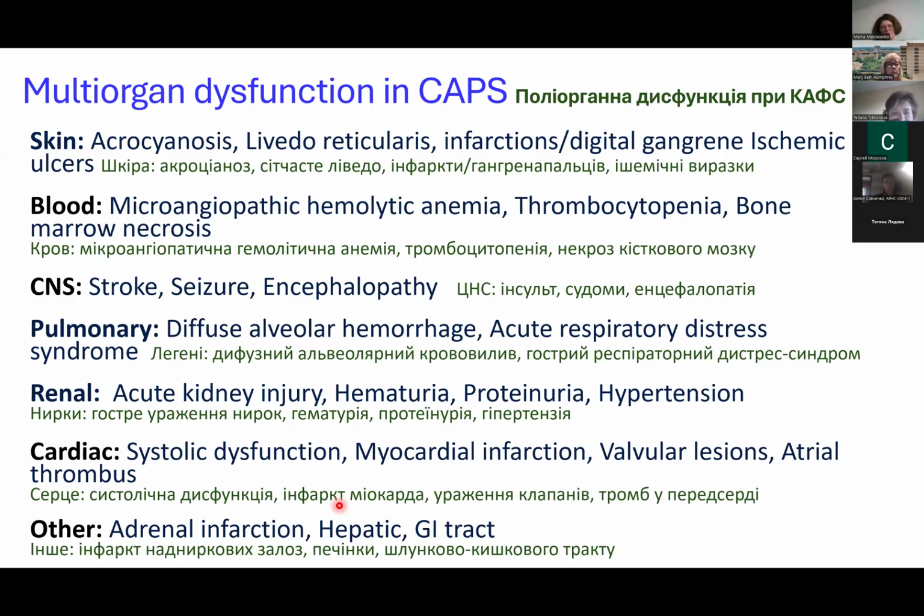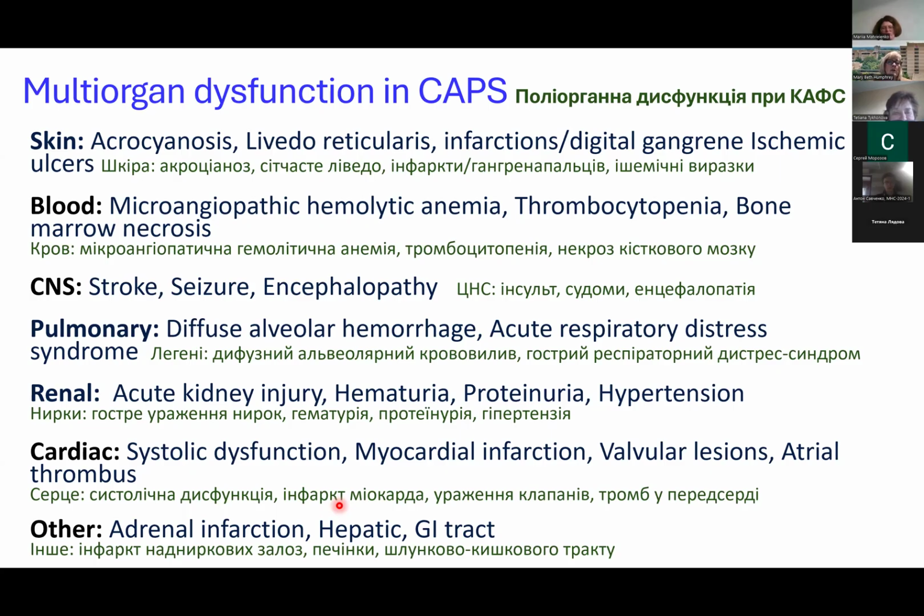You can infarct your adrenal glands and then have adrenal crisis. You can infarct your liver. You can infarct your bowel and get bowel ischemia. So, the many manifestations. I would say CAPS looks a lot like severe sepsis.